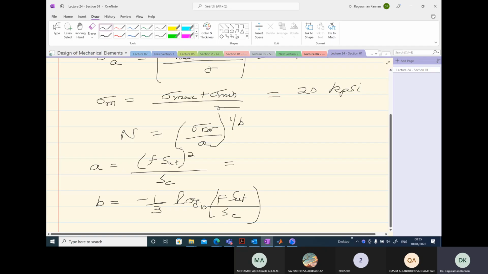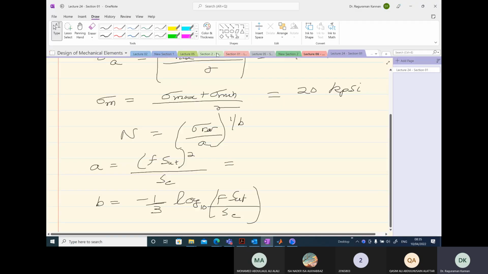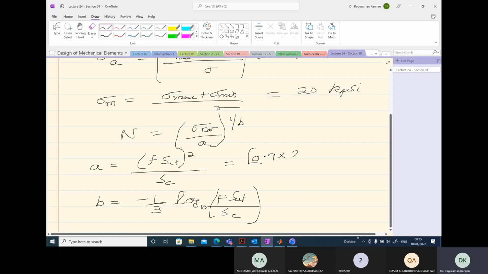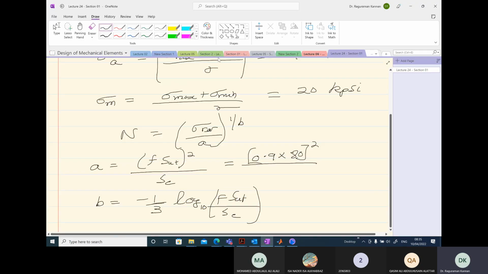So these two quantities we can calculate because f is given in the problem. F is equal to 0.9 times S_UT, whose value is given in the problem again, 80 kpsi. S_E, on the other hand, is given as 40 kpsi.